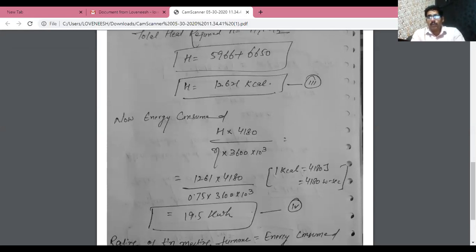So you can use the formula: total energy consumed equals total heat multiplied by 4180, the kilocalories to joule conversion, into efficiency, upon 3600 into 10 raised to power 3. So you get a value of 19.5 kWh.